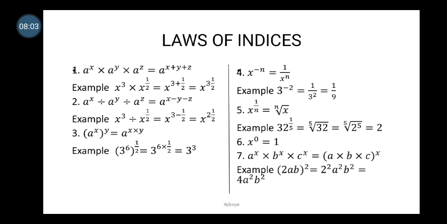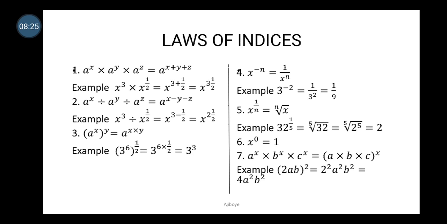Law 5: Fractional index. x raised to power 1 over n is equal to the nth root of x. For instance, if I have 32 raised to power 1 over 5, that is the 5th root of 32.